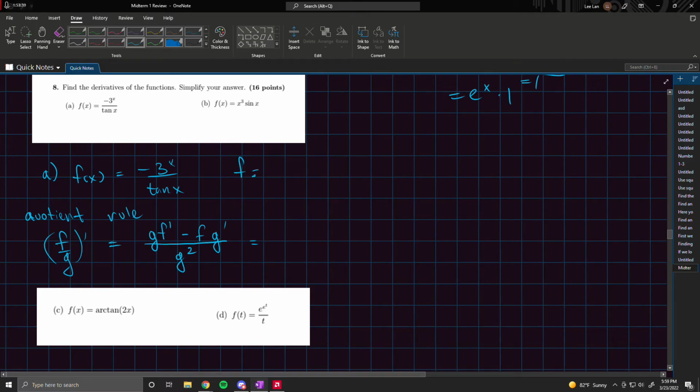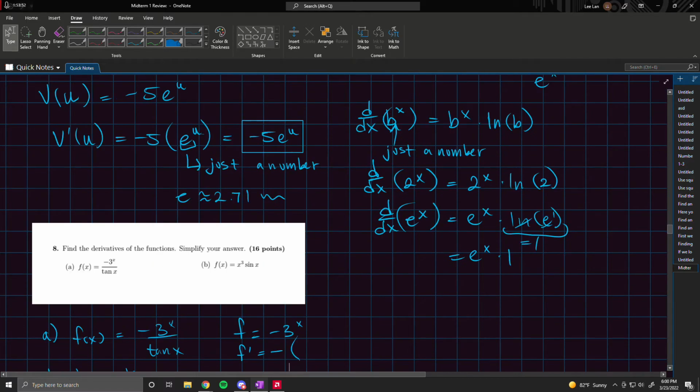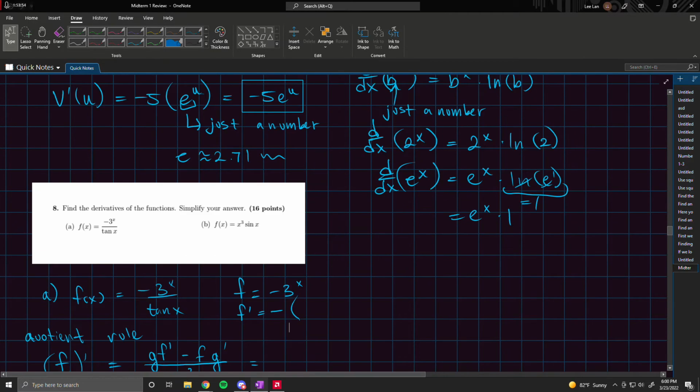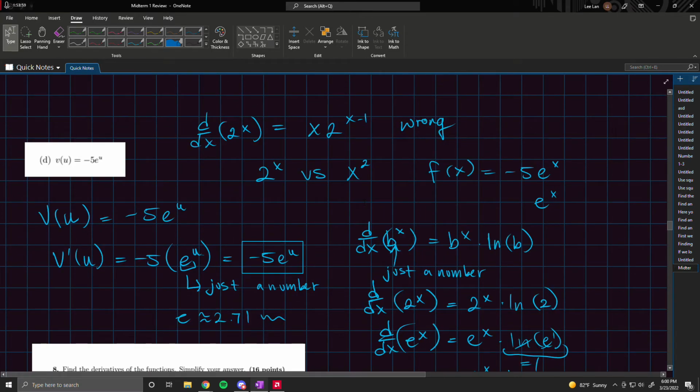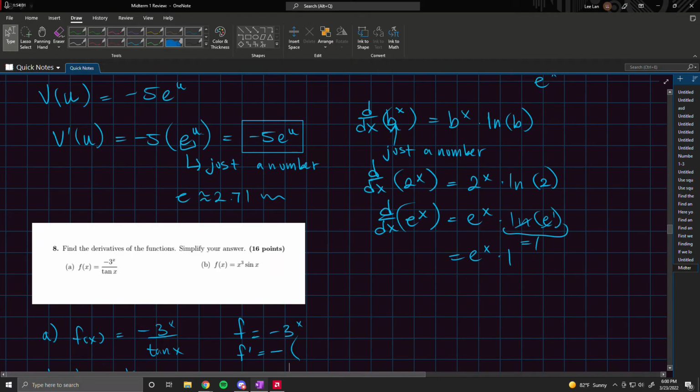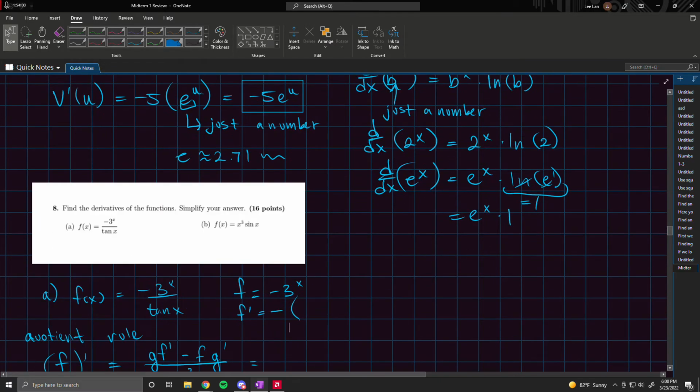So if f is negative 3x, f prime is, just like before, if you don't want to deal with the coefficient yet, you can just leave it out on the front. And, oh, okay, so here is an example of what I was talking about. 3 to the x. People might be tempted to use the power rule, but it's actually going to be this formula. So it's going to be 3 to the x ln 3.